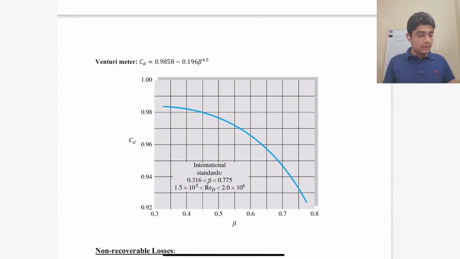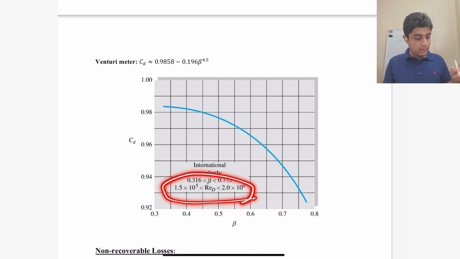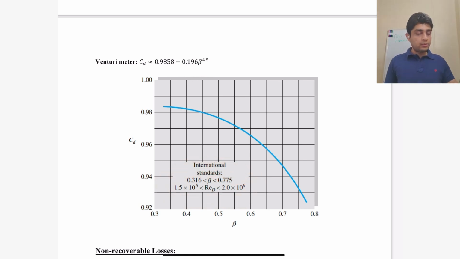Similarly, for a Venturi, the coefficient of discharge depends on the geometrical ratio beta, but it is found to be independent of the Reynolds number if the Reynolds number is very high and is in this range. So the procedure to find out the flow rate becomes very easy because it just depends on the geometrical ratio, and you don't need to basically follow the iterative procedure.